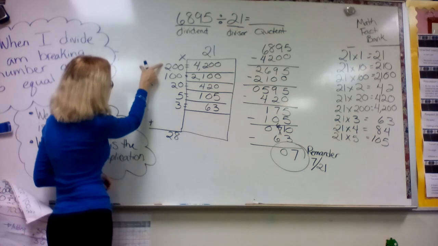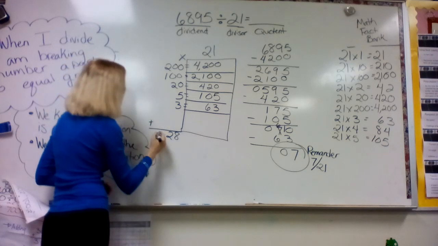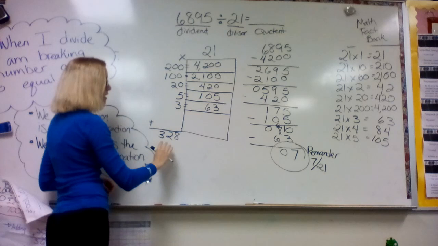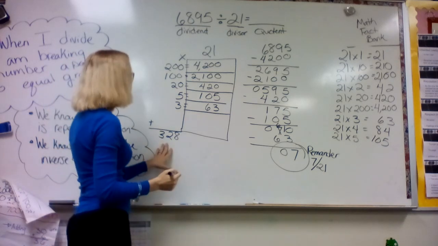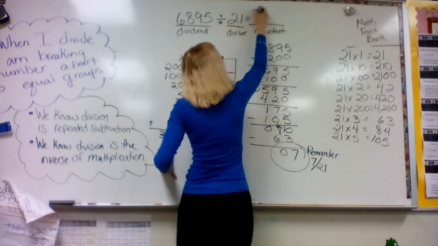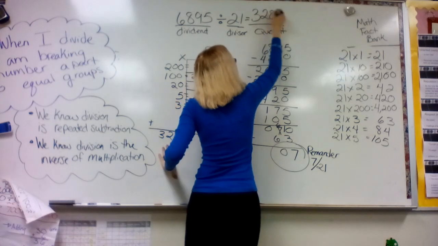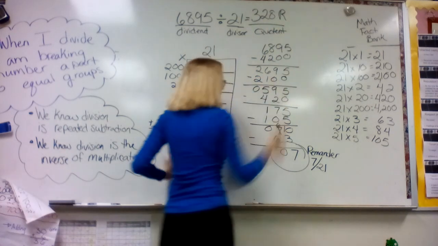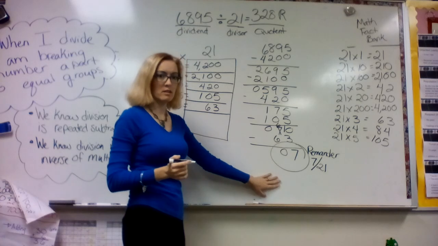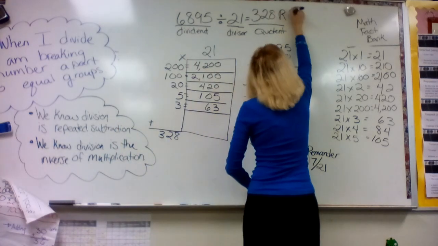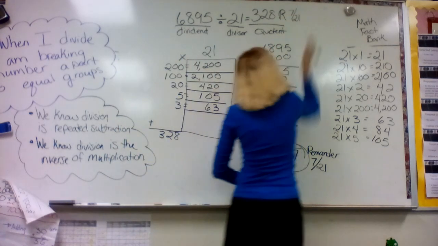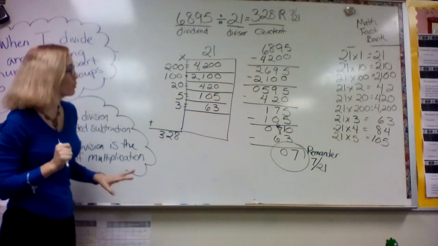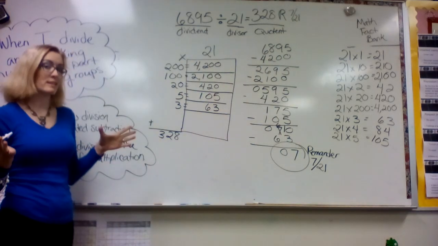And in my hundreds place, I have a 2 and a 3, which stands for 300. So we have an answer. Our quotient is 328 with a remainder of 7/21.